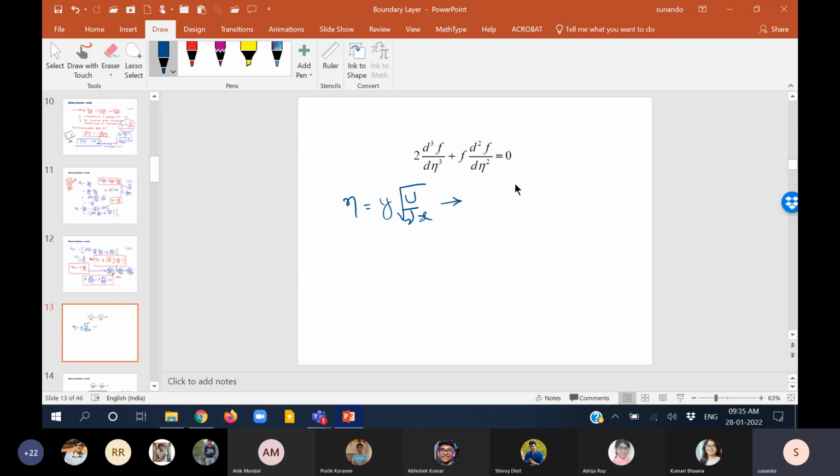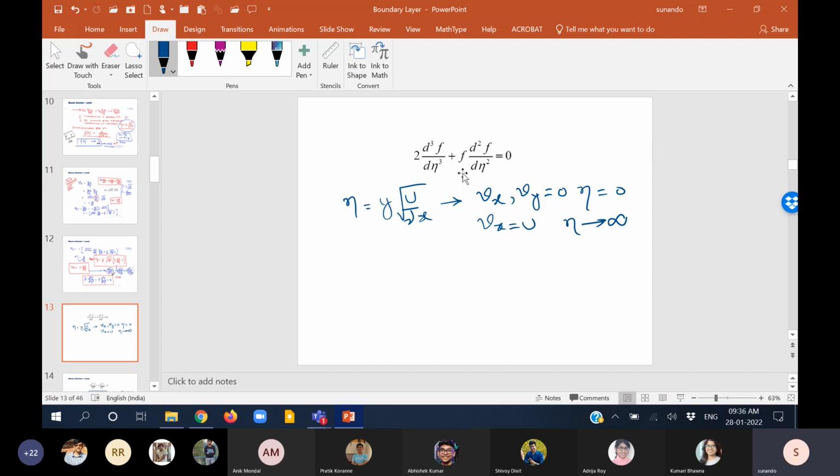With this, we know that Vx and Vy both are going to be 0 for eta equals 0. So this is one condition that we have, and we also know that Vx is going to be equal to u when eta tends to infinity, because eta tends to infinity is essentially y tends to infinity.